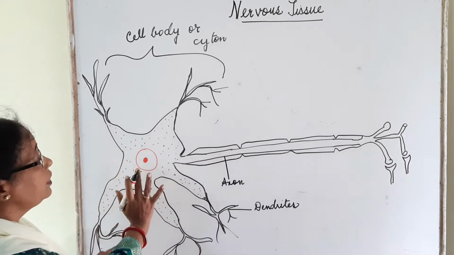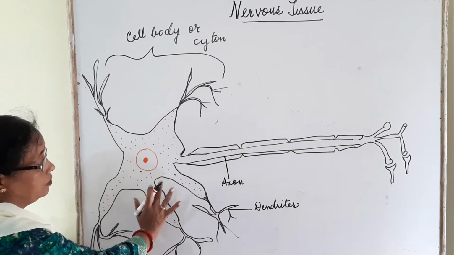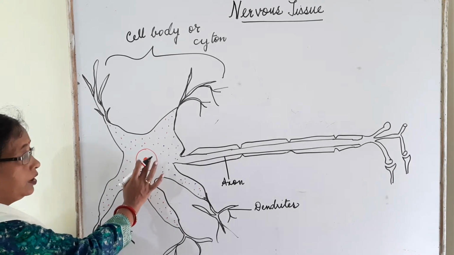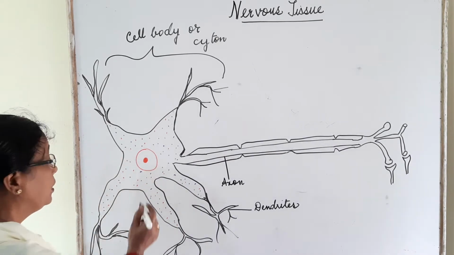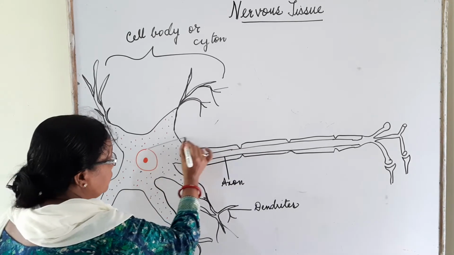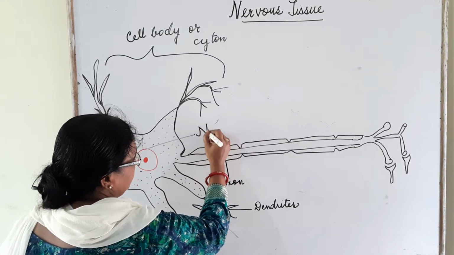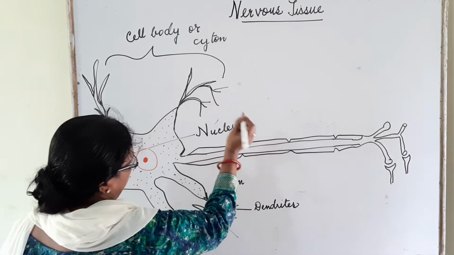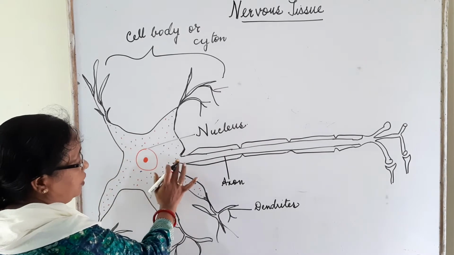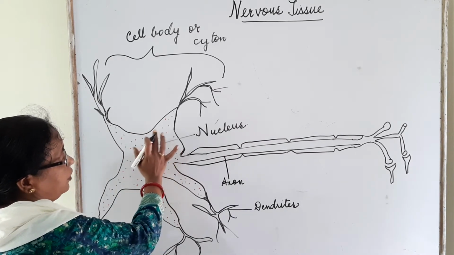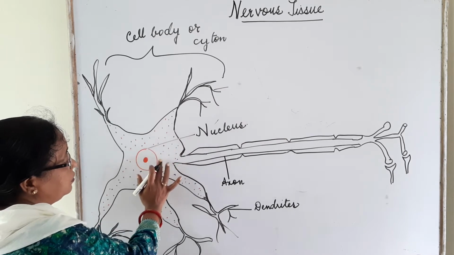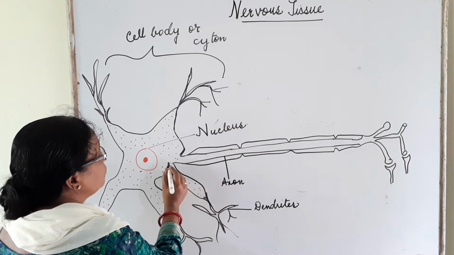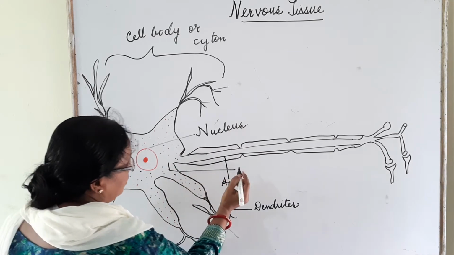Now let's talk about the cyton. This whole star-shaped structure is known as cyton. It has a prominent nucleus. The round structures, the granules that are present, are known as Nissl's granules.